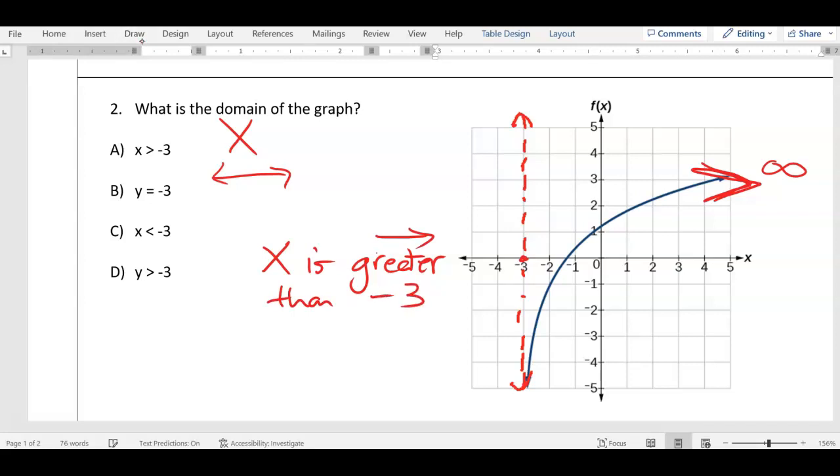But it's not equal, because it does not touch that asymptote. So the way you would say that is x is greater than -3. Since it does not touch it, it's not less than, it's not equal, it's not y, it's x for domain. Cool.